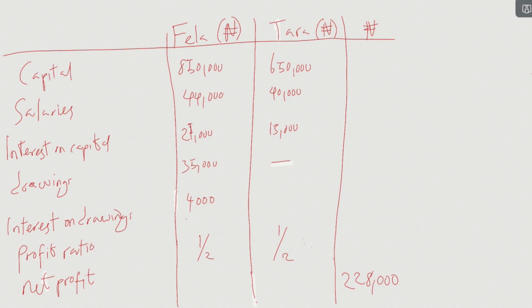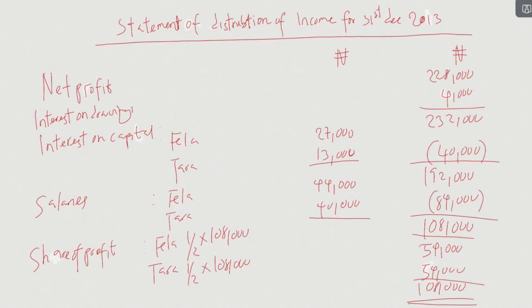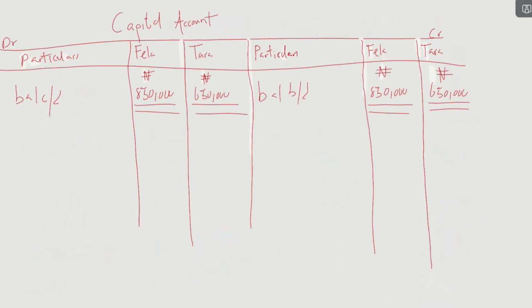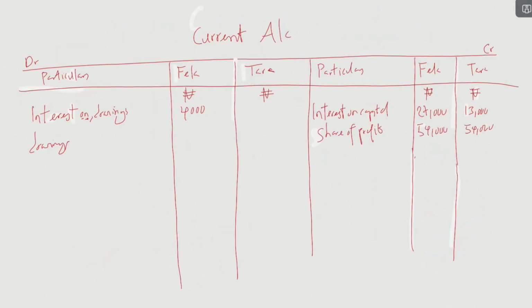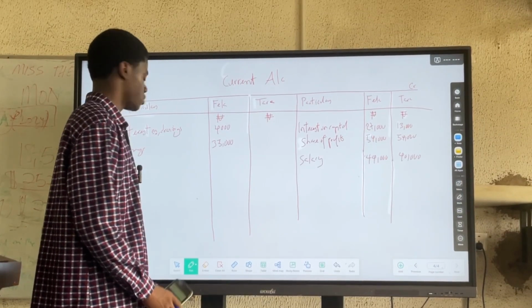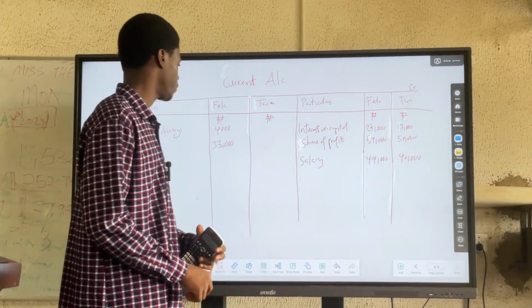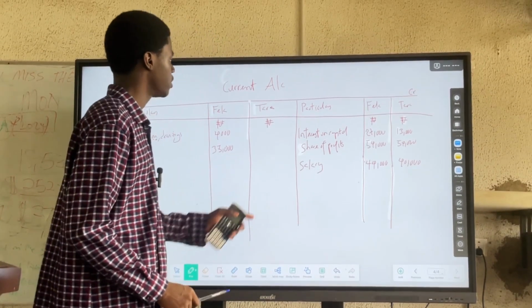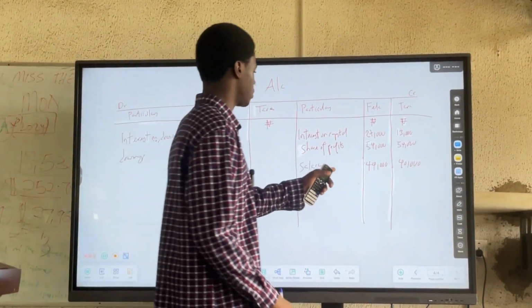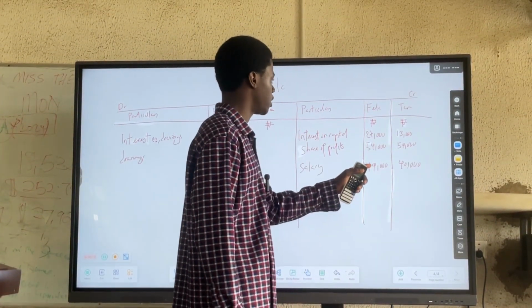So he had drawings of 35,000. So the last transaction that we are supposed to treat now is salaries. So Fela has 44,000 naira salary, Tara has 40,000.